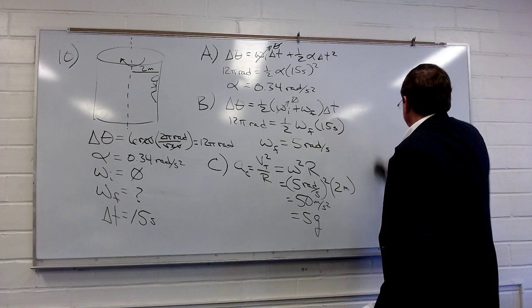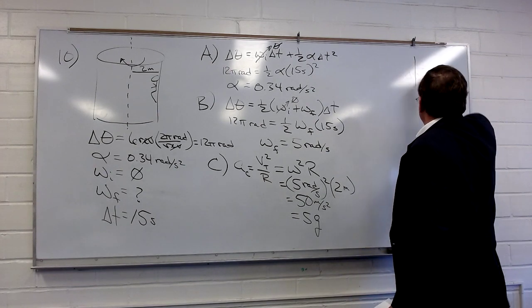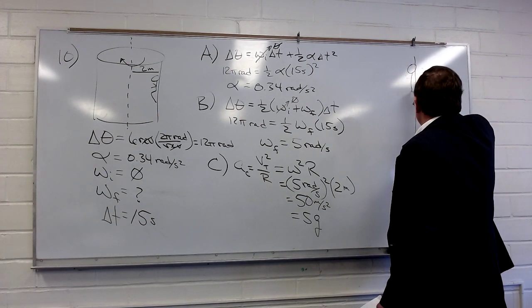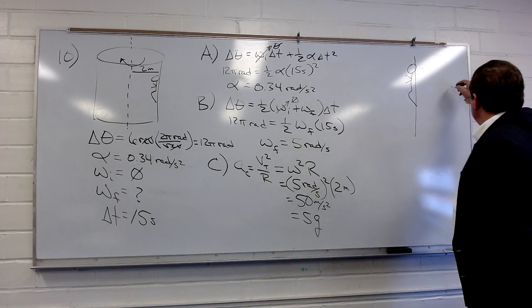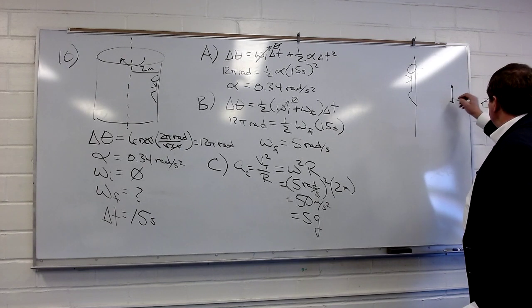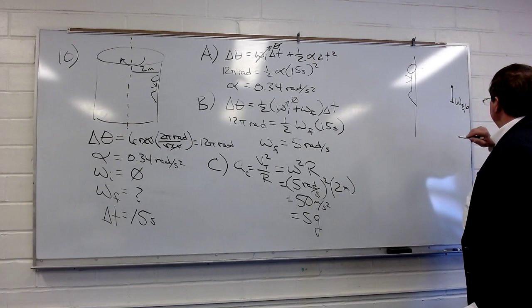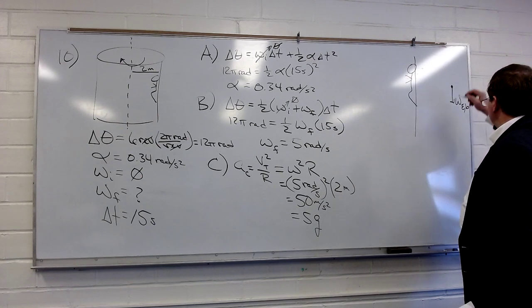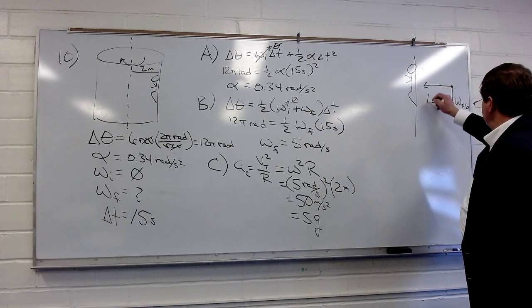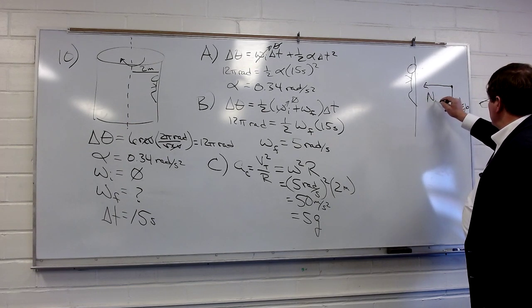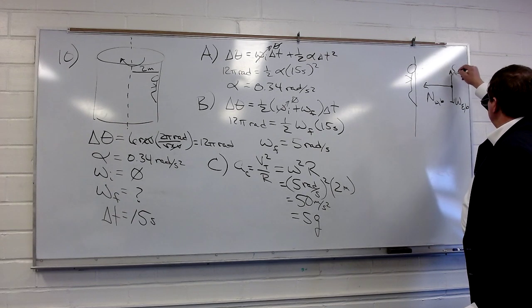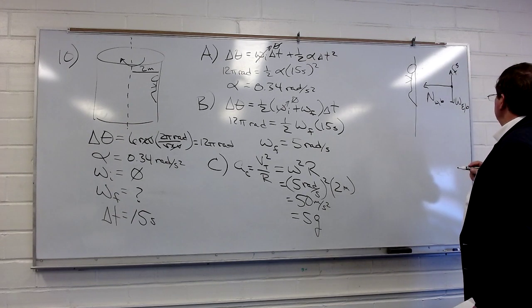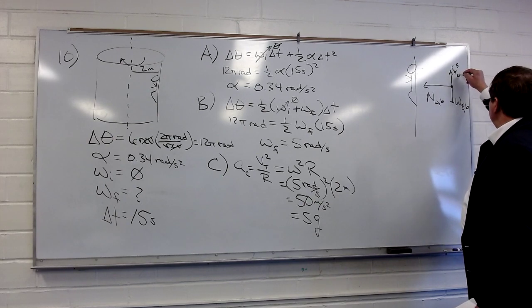Well, if I look at Billy up against this wall, a free body diagram for Billy is going to have a weight force, Earth on the Billy, and it's also going to have a normal force, and this is going to be the wall on the Billy, and it's going to have a friction force, and that's going to be a static friction force by the wall on the Billy.